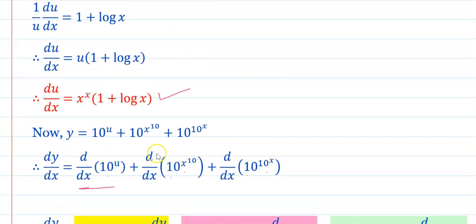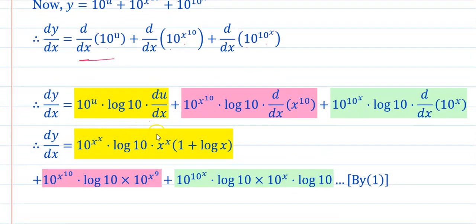We have already found du by dx: the derivative of x raised to x is x raised to x (1 plus log x). Substituting, we get 10 raised to x raised to x into log 10 into x raised to x (1 plus log x).